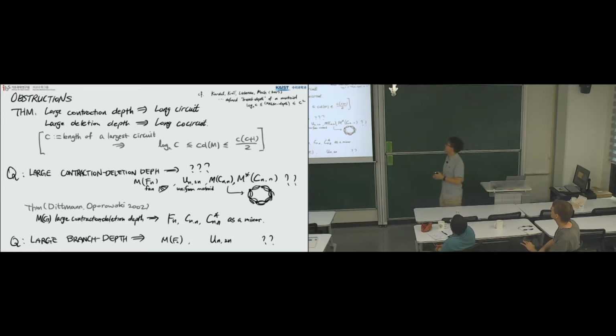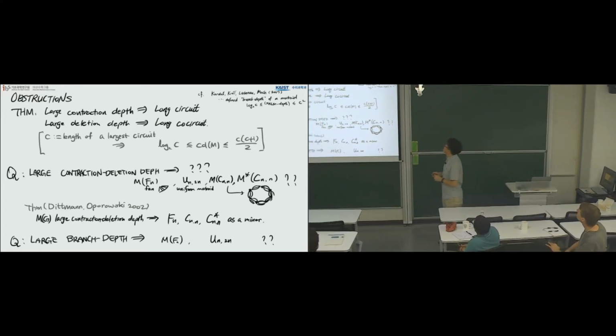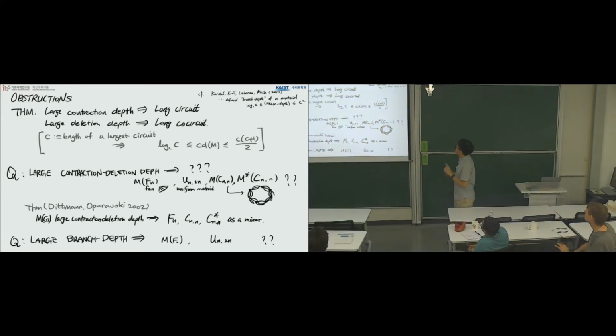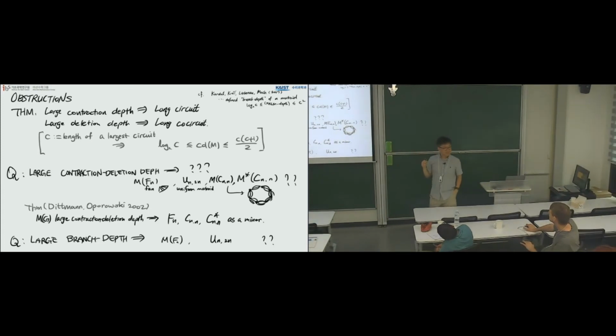And I think it's equivalent to the contraction depth up to some inequality. So to distinguish it from my branch depth, I wrote KKLM depth, and we were able to show that this is the same as contraction depth.